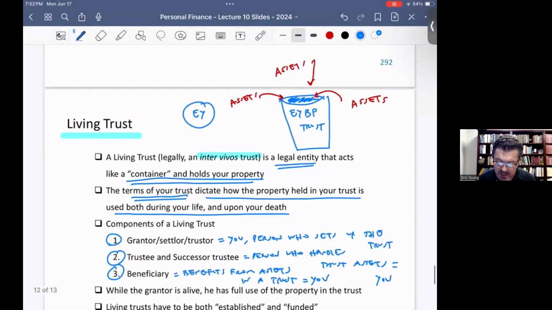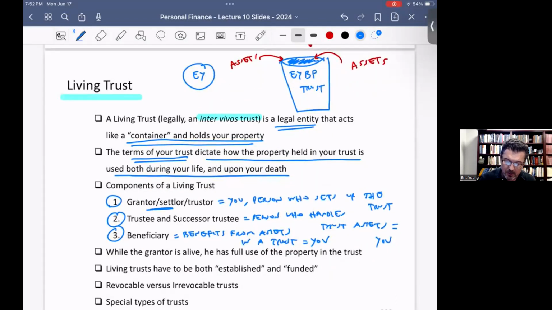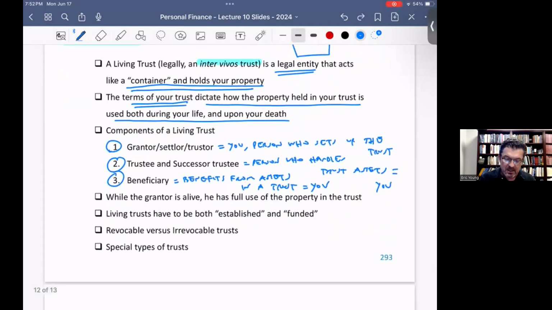So when you set up a living trust, while you're alive, you are the grantor and the trustee and the beneficiary. What this basically means is that you have full use, full access, full power over all the assets in the trust. It basically is the same as if you didn't have a trust and it was in your name.